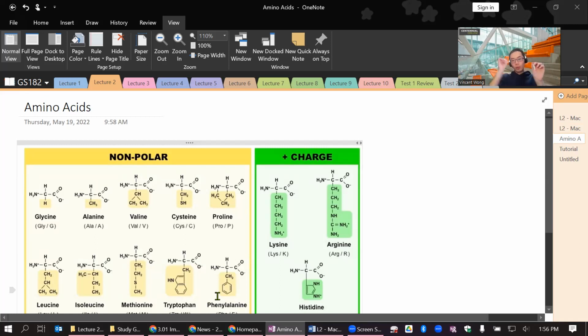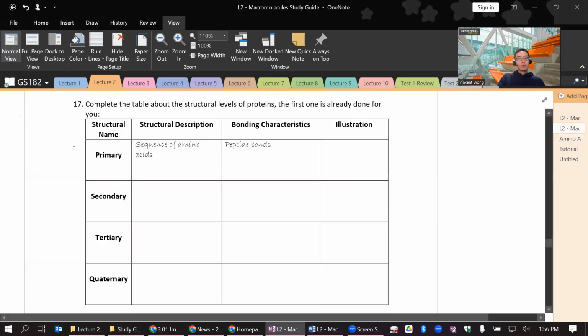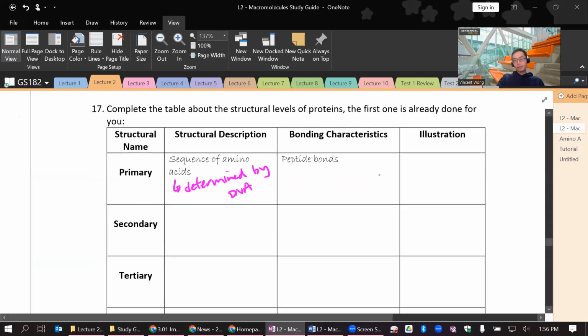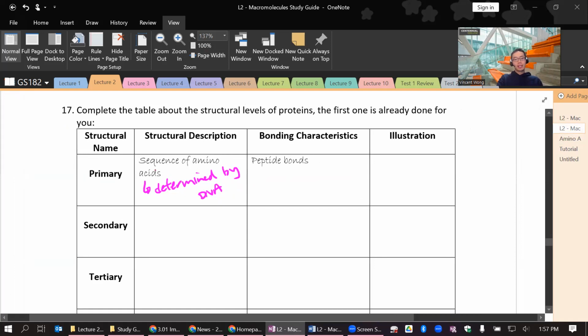That whole chain, read out one by one, is the primary sequence. This is determined by DNA, which we'll learn in lecture 7. Your genetic code determines the sequence of amino acids, the primary structure of your protein. What connects the amino acids together is the peptide bond that we drew a few minutes ago.